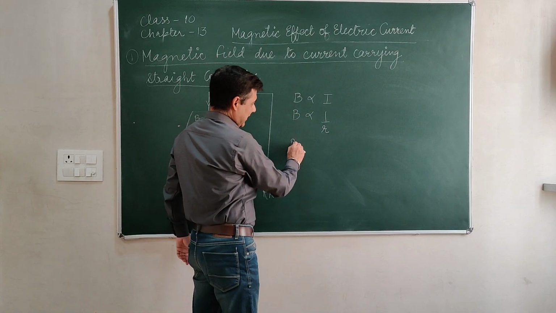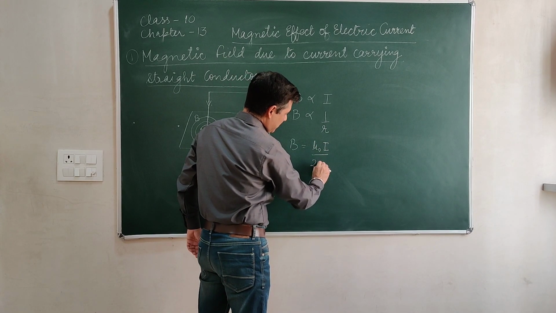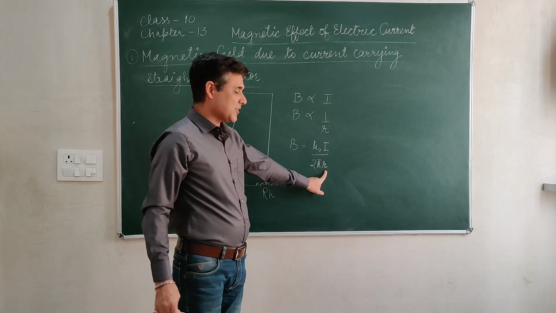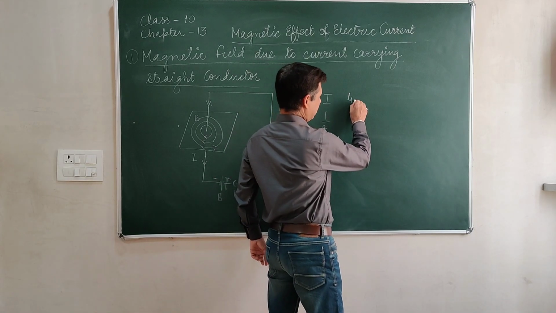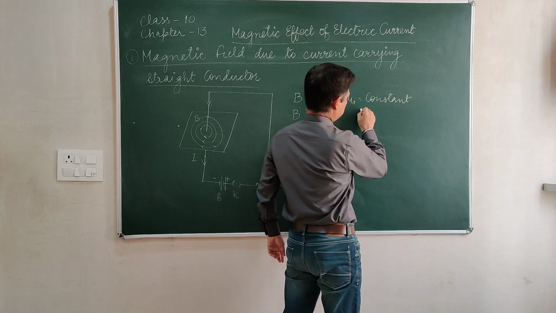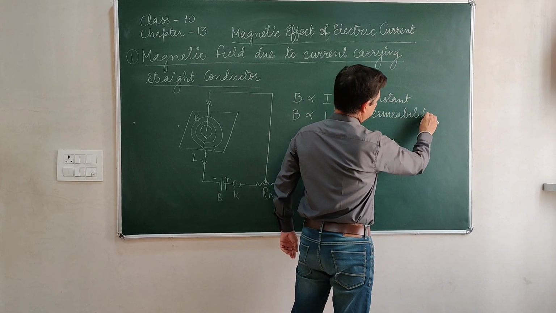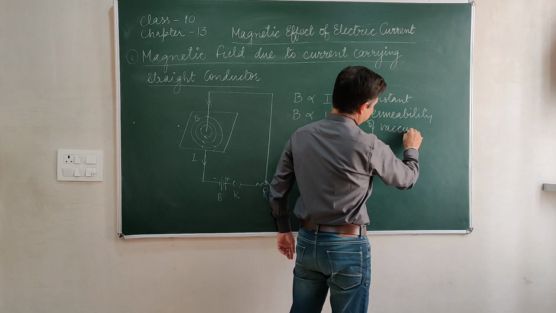With this we can create a formula: B equals mu naught I upon 2 pi R. B is directly proportional to I and B is inversely proportional to the distance R. Mu naught is a constant, which we call the permeability of vacuum.